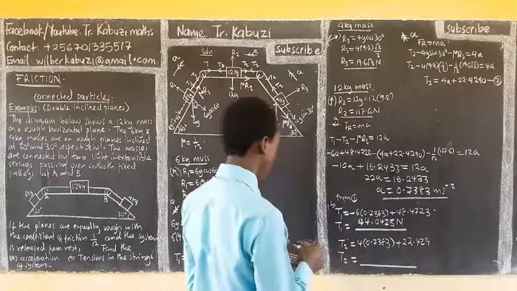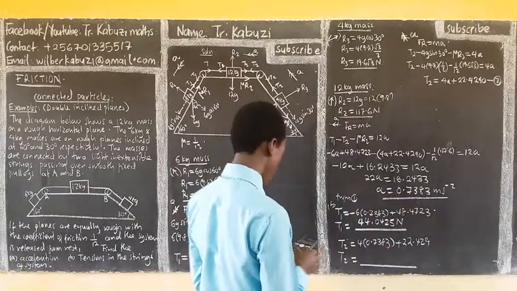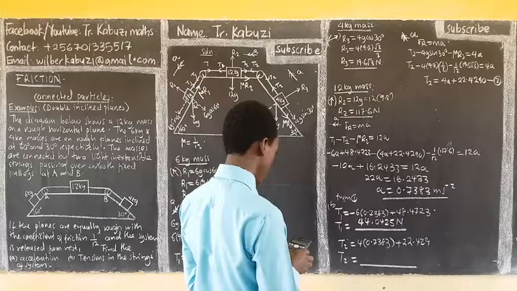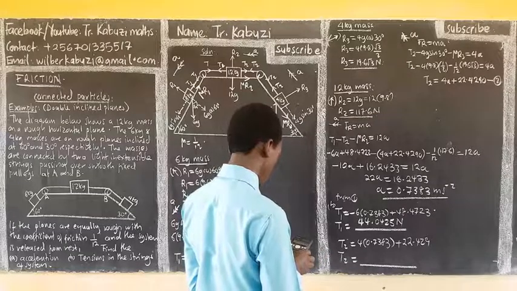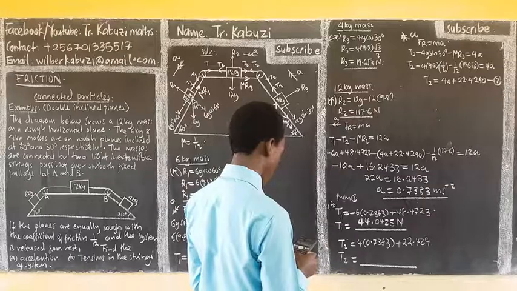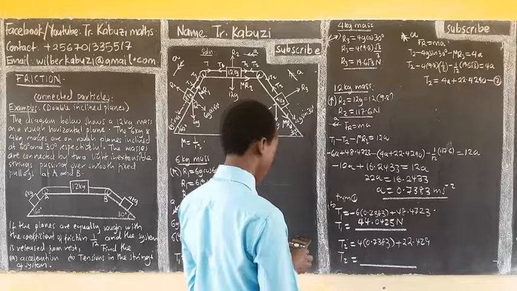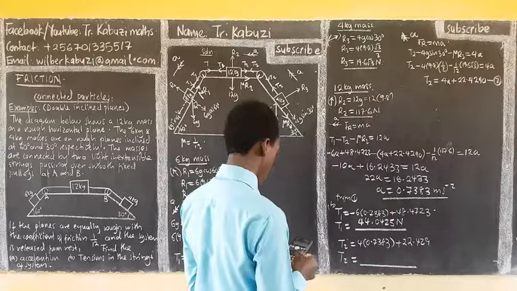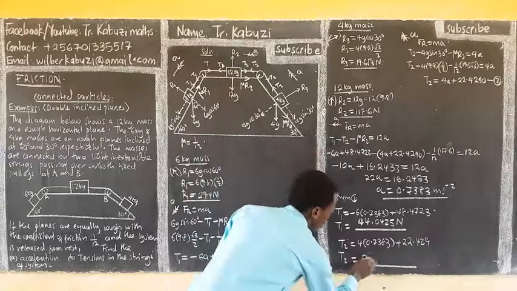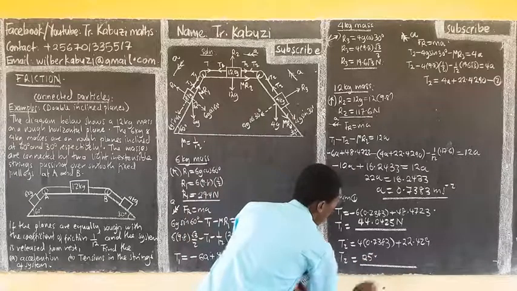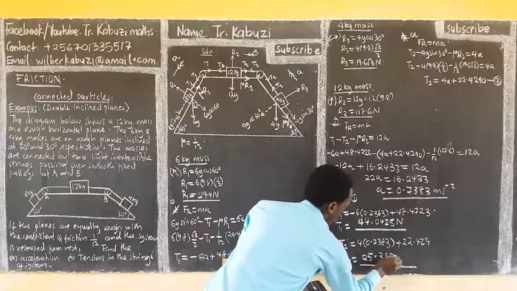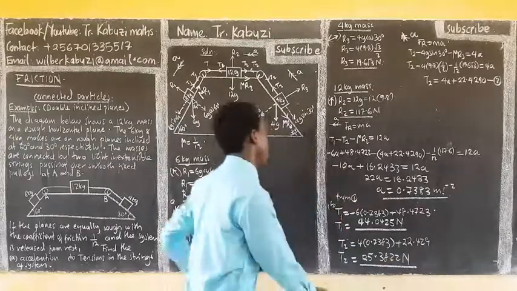When it comes to this, we have 4, so here I'm getting 25.3822 units. And that would be our answer.